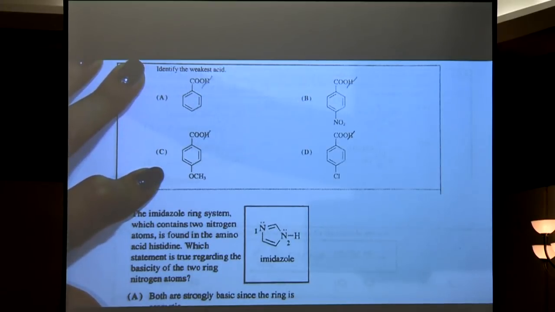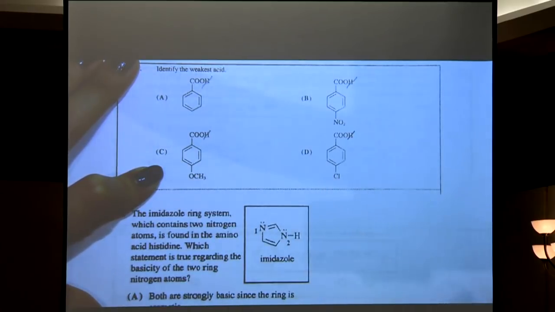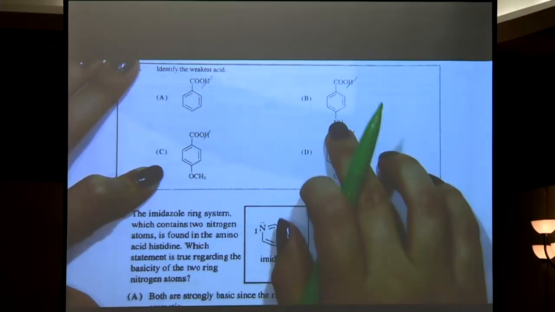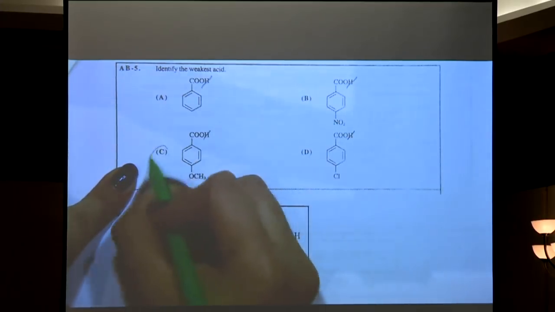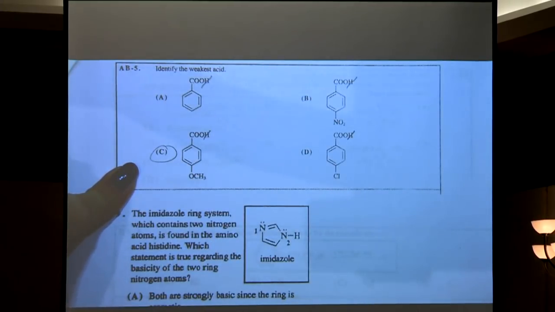C, strongest. So if we look at the negative charge, we want to make sure that that electron density goes through the structure, right? So out of these, which one is electron withdrawing? Right, so B should be the strongest acid just because I'm able to stabilize that conjugate base a little more. So therefore, the weakest acid should actually be C. Does that make sense?